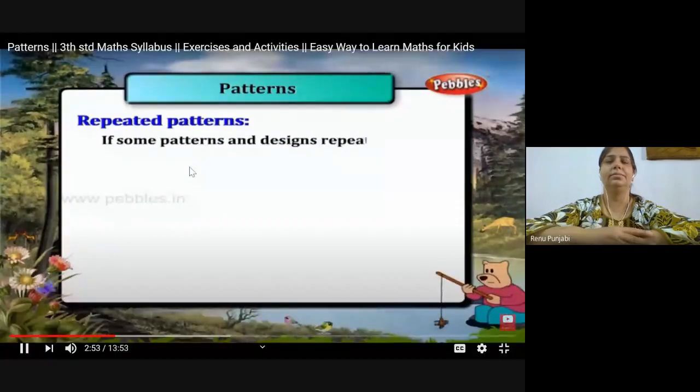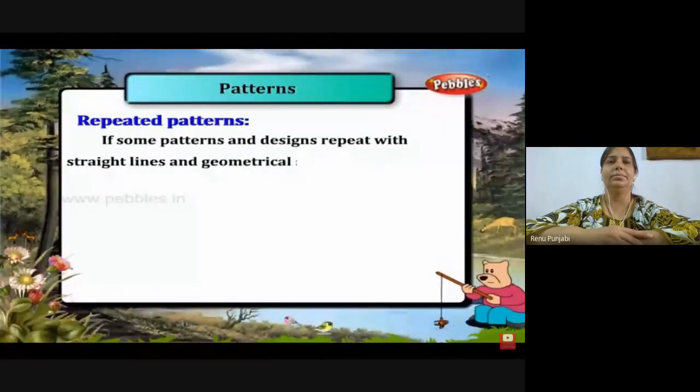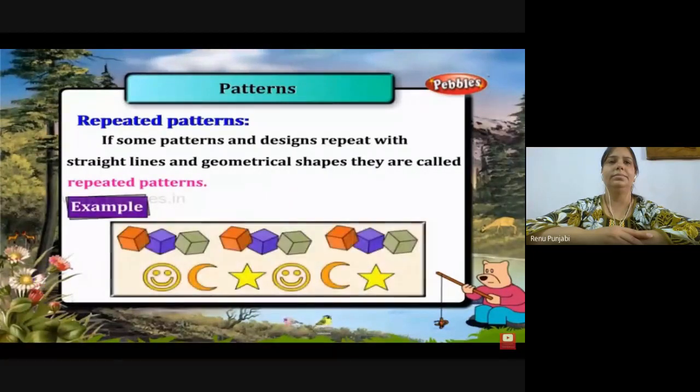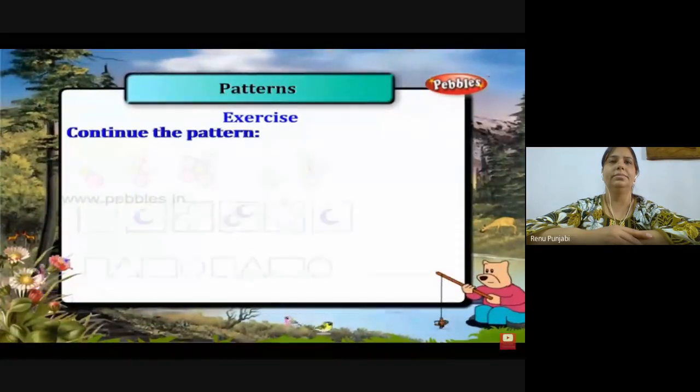Repeated patterns. If some patterns and designs repeat with straight lines and geometrical shapes, they are called repeated patterns. And these are some examples of repeated patterns. Now do this exercise and continue the pattern.